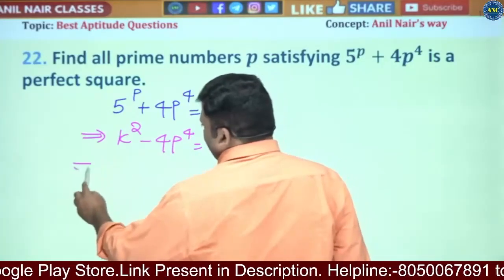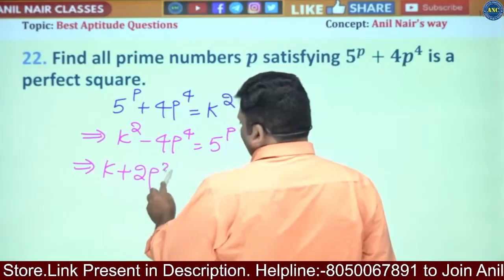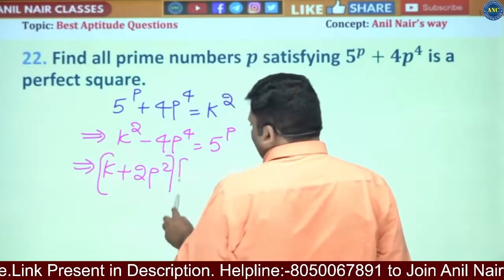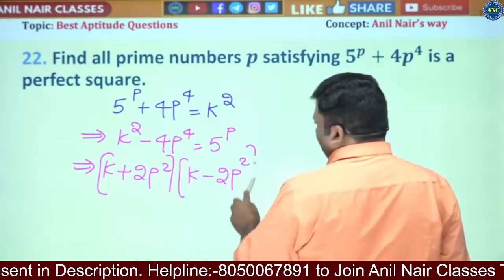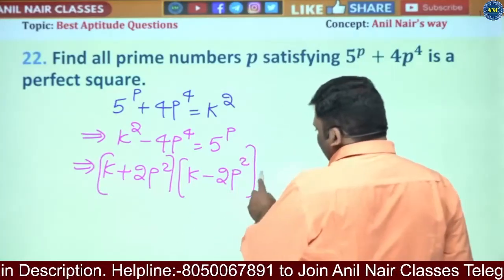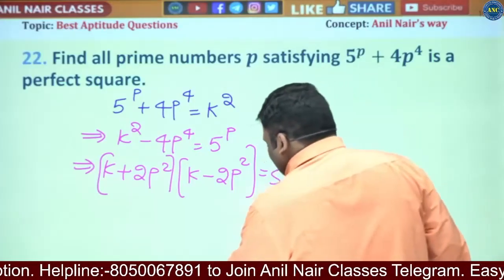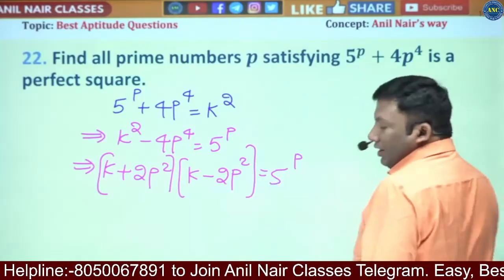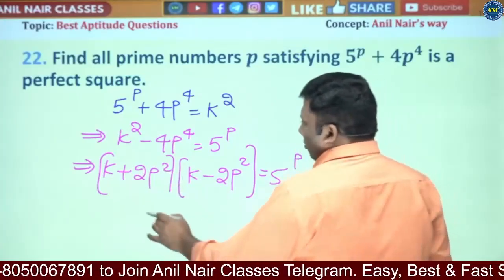So this will become (k + 2p^2)(k - 2p^2) = 5^p. These 5^p can be distributed among k + 2p^2 and k - 2p^2.